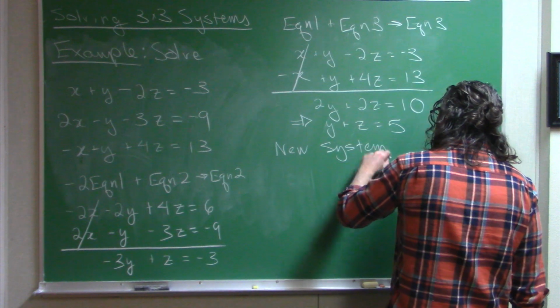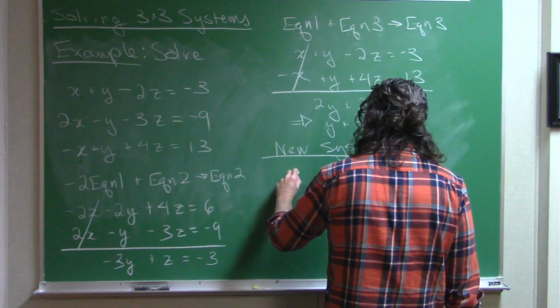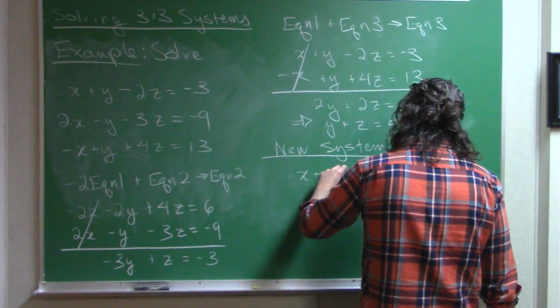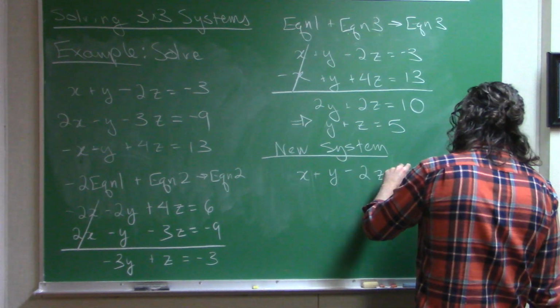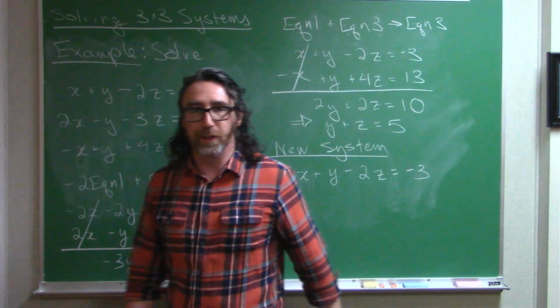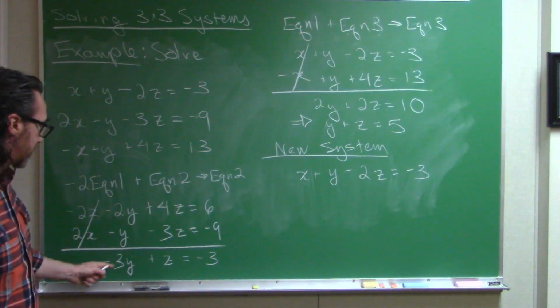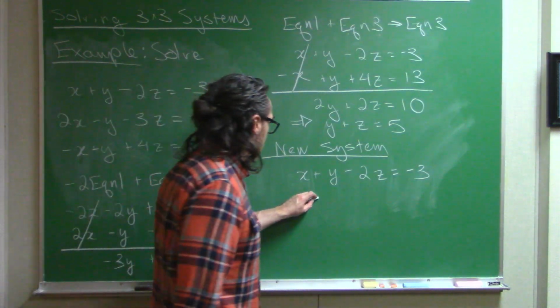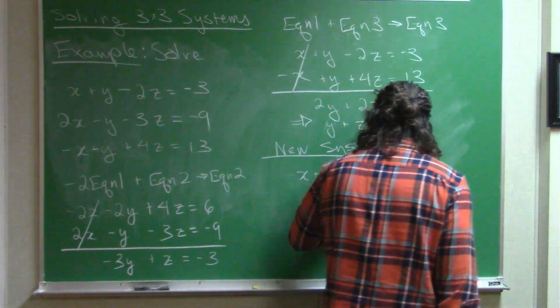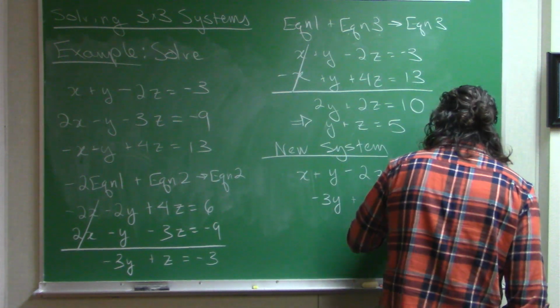Okay, so my new system looks like this. Equation 1 has stayed the same. That's equation 1. It still has x, y, and z. Here's my new equation 2. Negative 3y plus z equals negative 3.